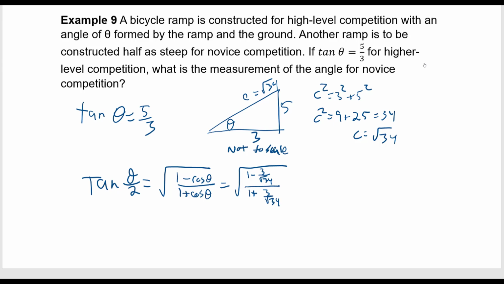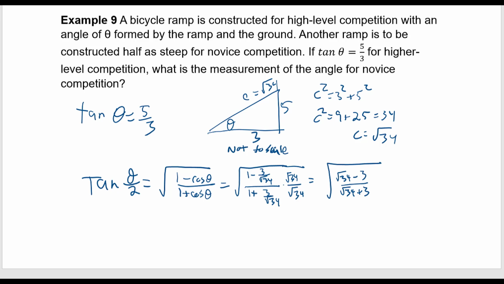Okay, so what I can do is multiply on top and bottom by square root of 34 over square root of 34 in the fraction. So I'd get the square root of the square root of 34 minus 3 over the square root of 34 plus 3.